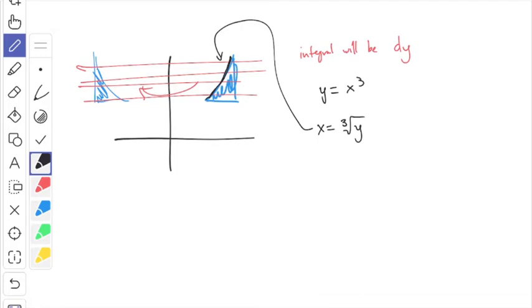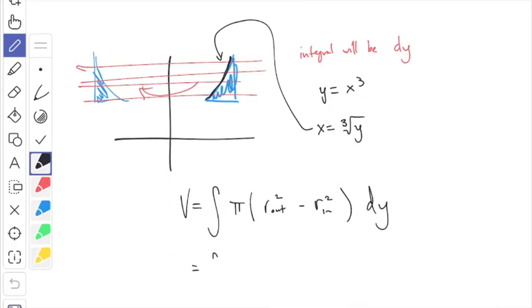Okay, so I'm going to do my washer formula. It is the integral of pi times r outer squared minus r inner squared. This time dy, not dx. And you can see on the picture what we just said, that formula, cube root of y, that is the inner radius of this volume.